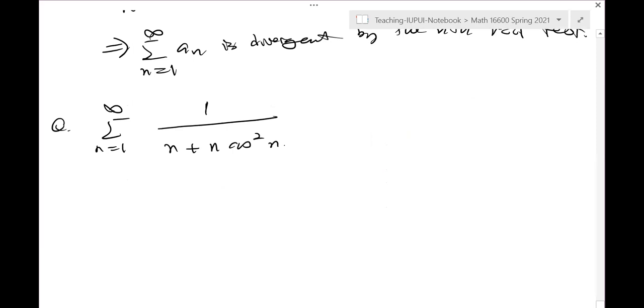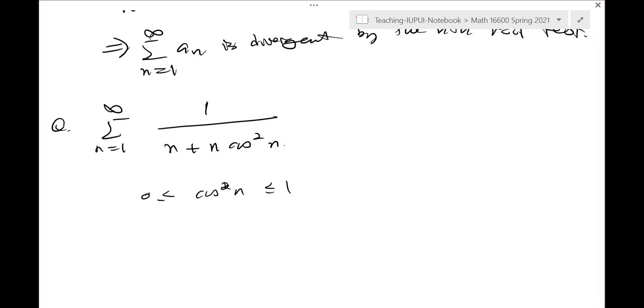All right, so first of all, you see cosine squared n there, right? But cosine squared is between 1 and 0, right? That's it. So there's not much change in the denominator. So the denominator is almost like an n, right?